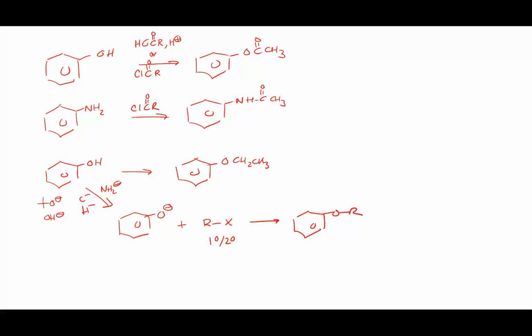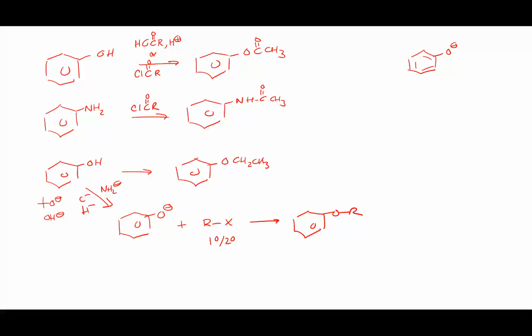Sodium hydroxide would work. This is a phenol. Phenol is more acidic because of the resonance structures that you get. The O minus has three more resonance structures you can draw for that deprotonated phenol. So phenol is more acidic, which means it will be deprotonated by an alkoxide. It also would be deprotonated by a simple sodium hydroxide.